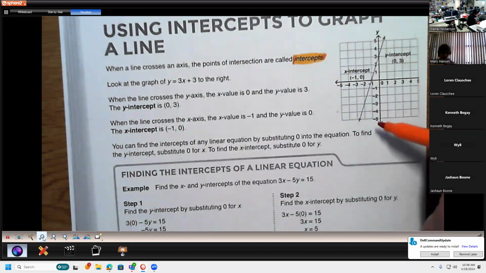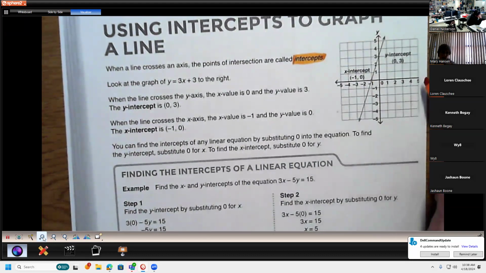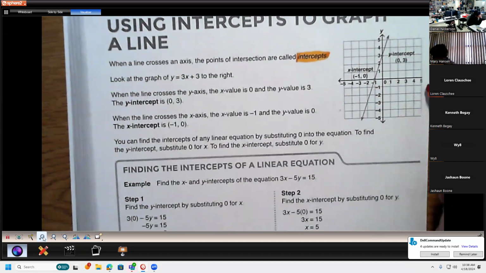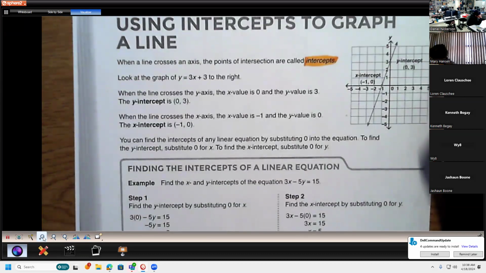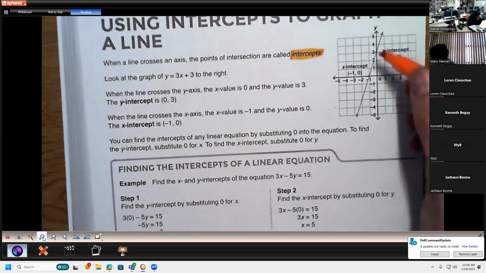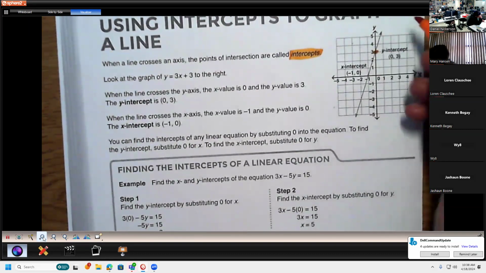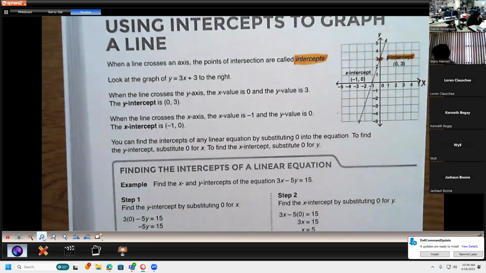Remember, our y-axis is up and down, marked by y. Our x-axis is horizontal. It would be marked x, except when I photocopied this page, apparently I cut it off. And so the intercepts are the points where you cross these axes.